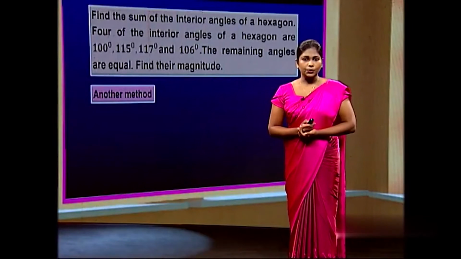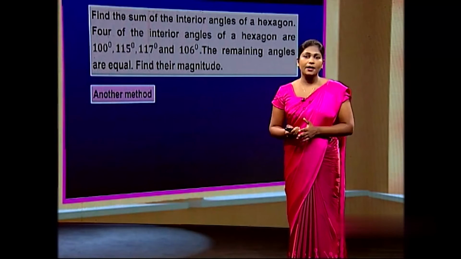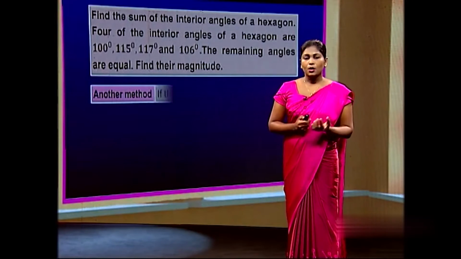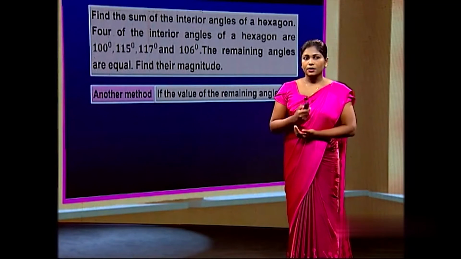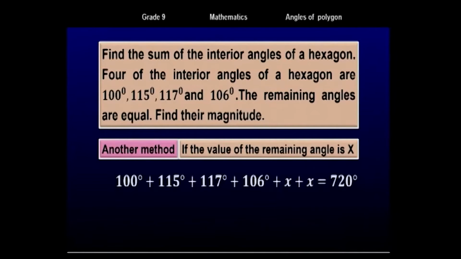Method number 2. First you can write an equation using the given data and the unknown terms. That means you have to find the remaining angles. If the value of the remaining angle is x, you can write the equation like this: 100 plus 115 plus 117 plus 106 plus 2x equals the sum of the interior angles of this hexagon, 720. Then 2x plus 438 equals 720.